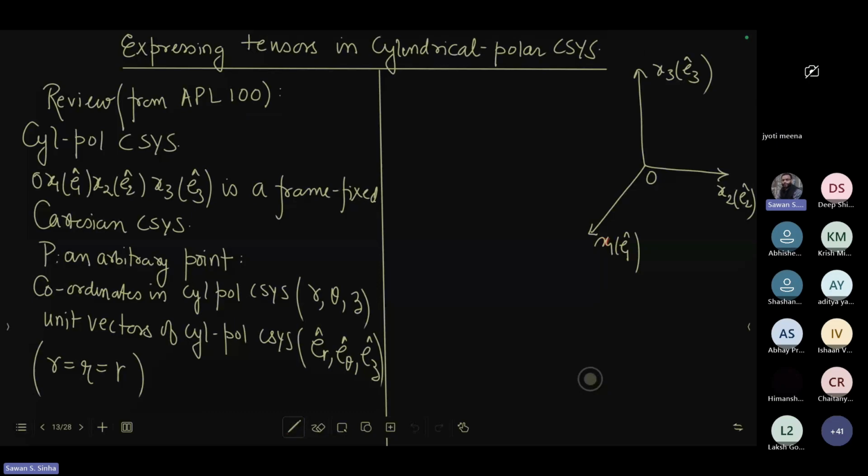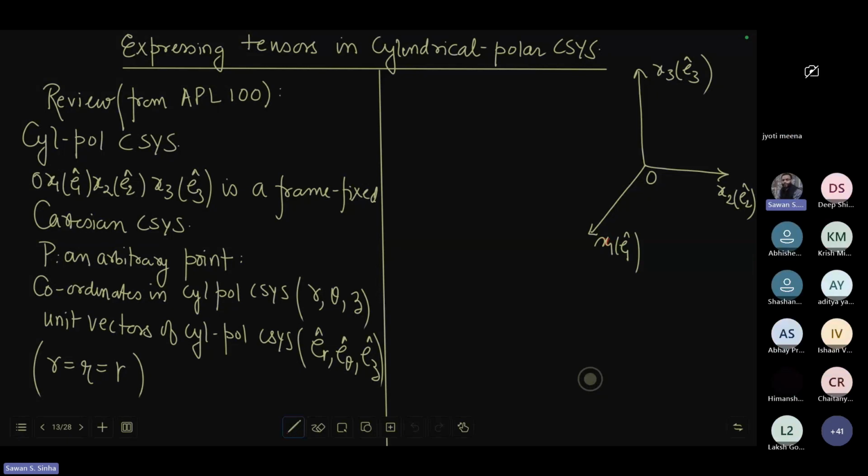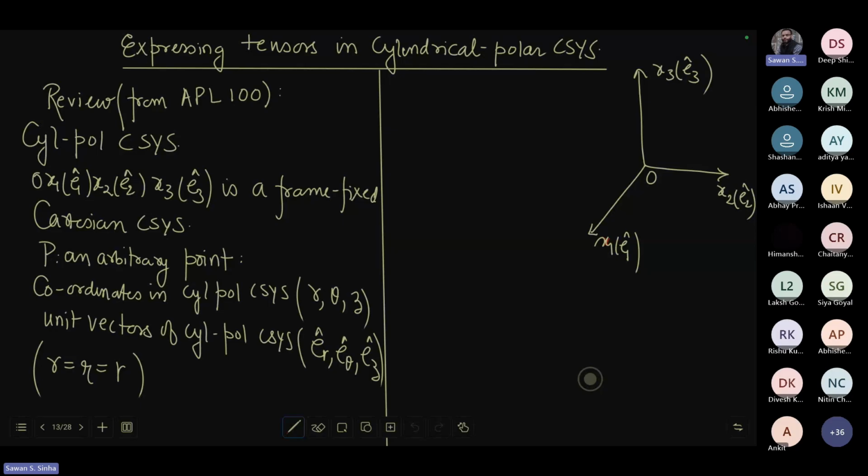So far, for the last 2 days, I have been expressing every tensor in a Cartesian coordinate system, and later I also restricted that Cartesian system to be one which is embedded to the reference frame. Now I am going to talk about expressing tensors in a cylindrical polar coordinate system.